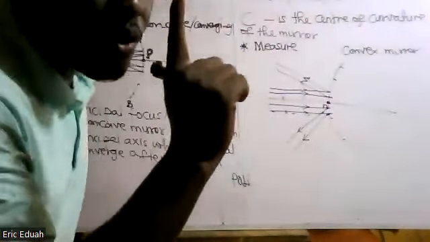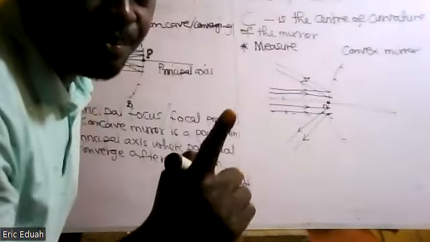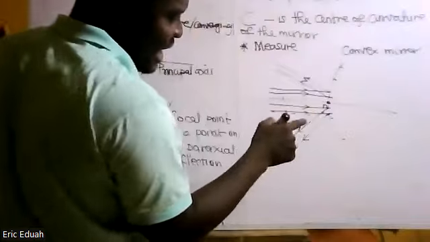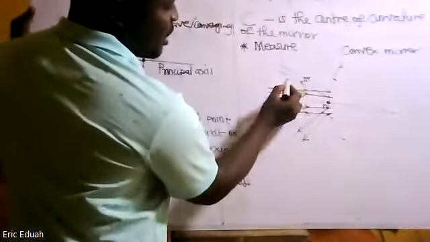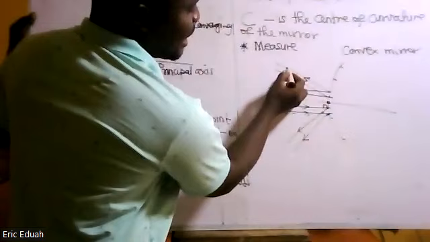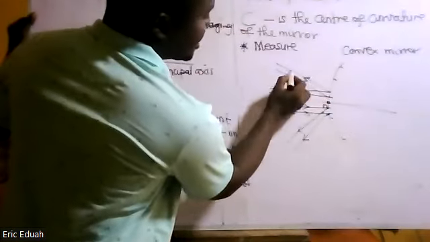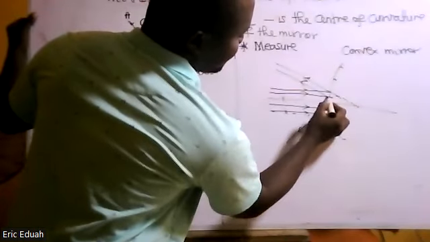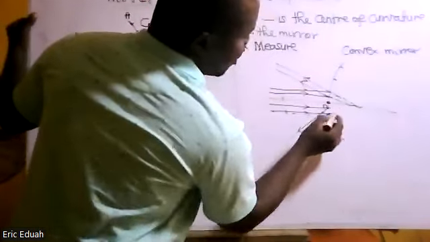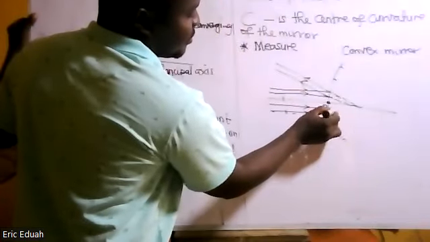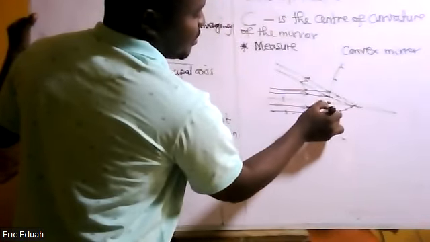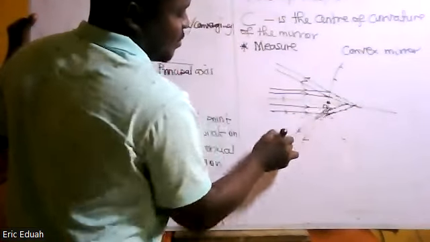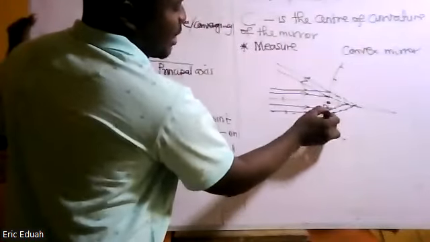But they will appear to have been diverged from, or converge at, a point behind the mirror. You see, let's trace back the path of the reflected rays. If we trace the reflected rays backwards, each one, we get all of them meeting, though it doesn't look that way because I didn't draw it well.